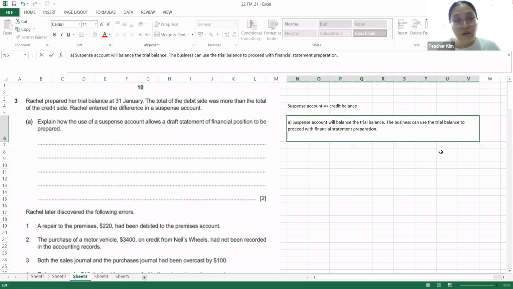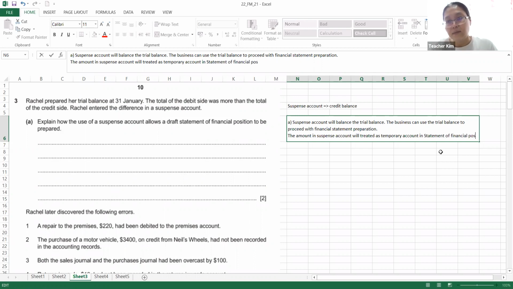Okay, how does it allow the draft? The amount in the suspense account will be treated as a temporary account in the statement of financial position.